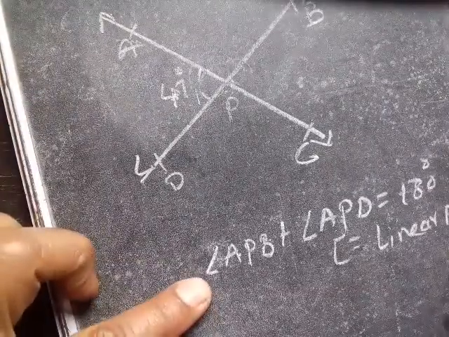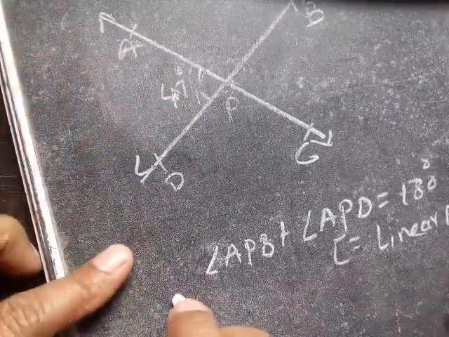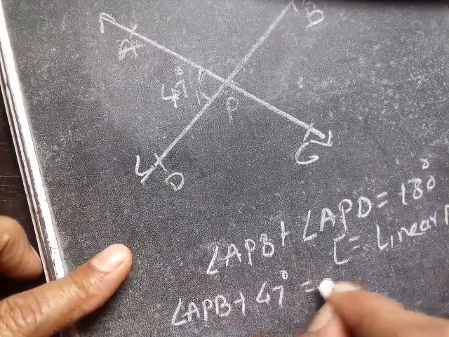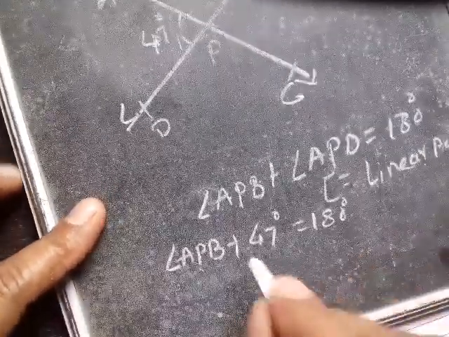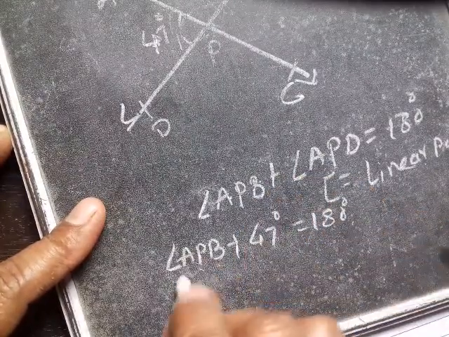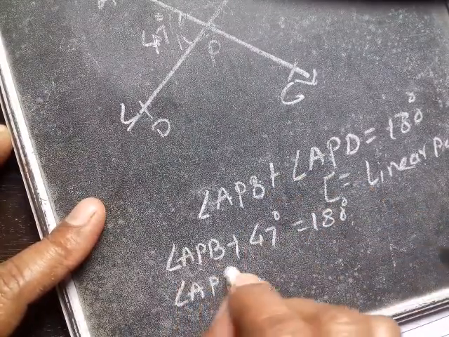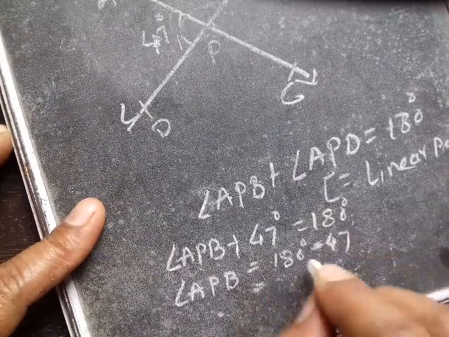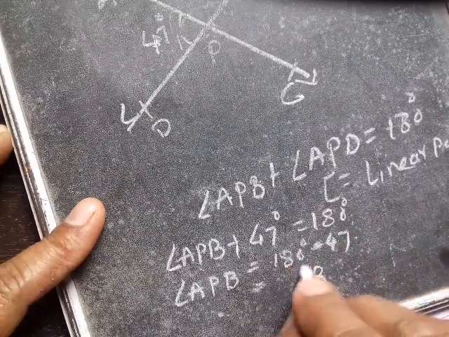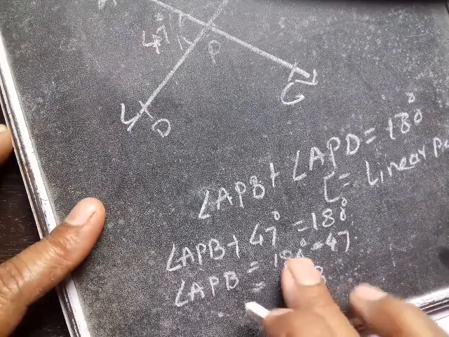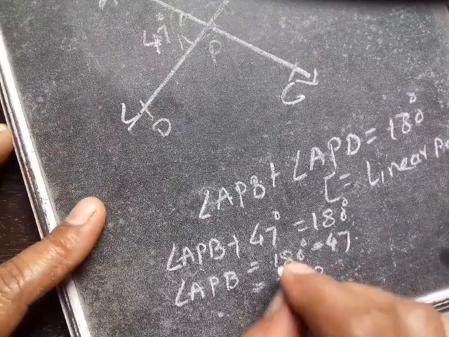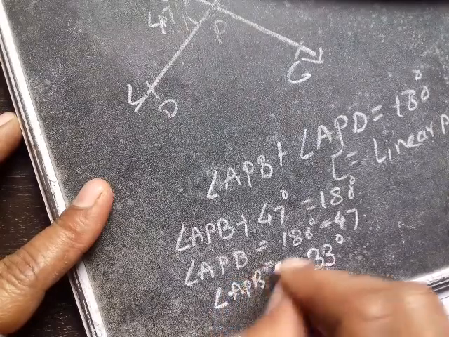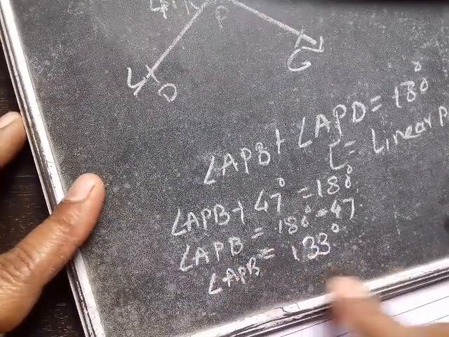Now APB I don't know, but APD I know. Then angle APB plus 47 equals 180 degrees. This 47 you send to the other side. So we get angle APB equals 180 minus 47. Then 10 minus 7 is 3, 1 carry. 8 minus 5, 3 and 1. 133 is the angle APB. Now you got 133.